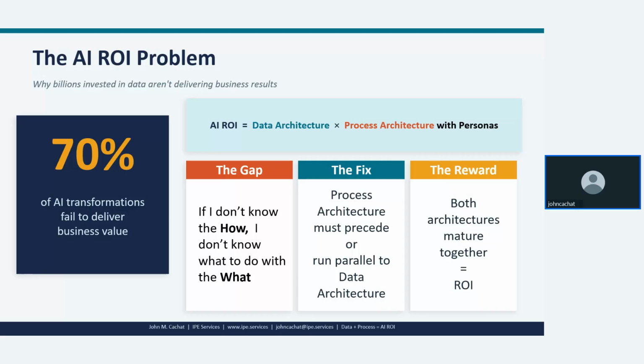The fix is a process architecture either has to precede or run parallel to any data activity you're doing. You combine them both and you'll get the ROI. So data architecture plus process architecture with personas, we're going to talk a little bit about personas.